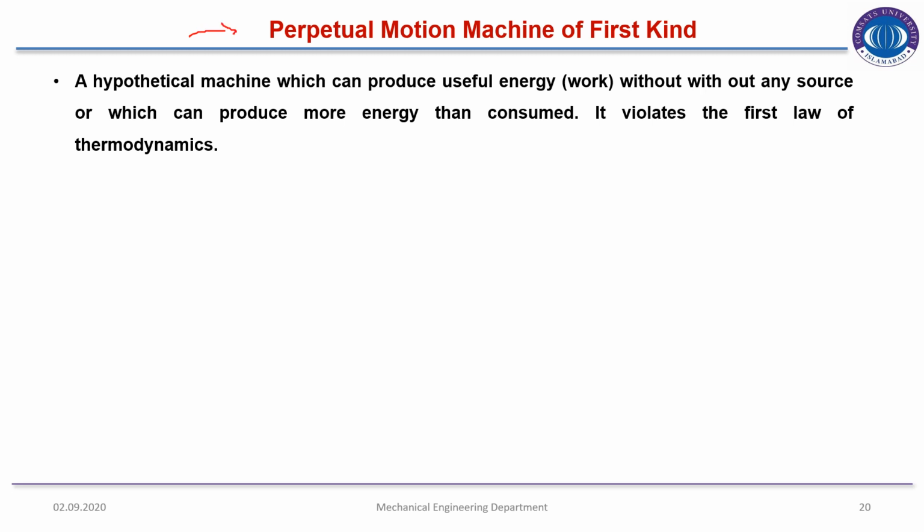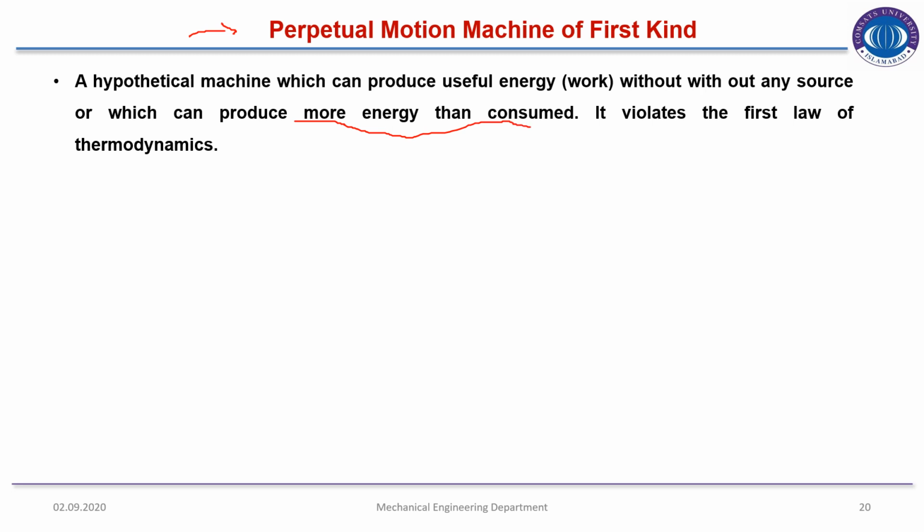Perpetual motion machine of first kind, that is for information only. You might be asked in the interviews, what is perpetual motion machine of first kind? So a hypothetical machine which can produce useful energy, work without any source, or which can produce more energy than consumed.